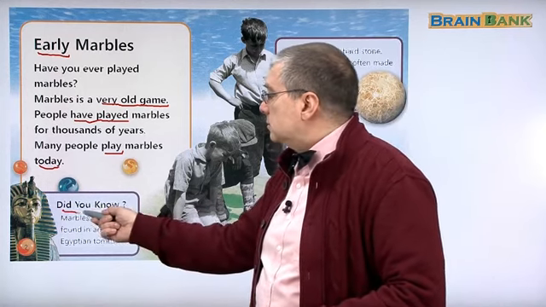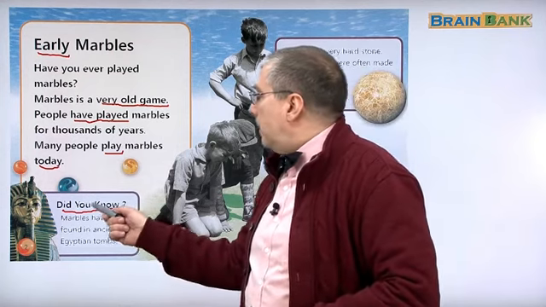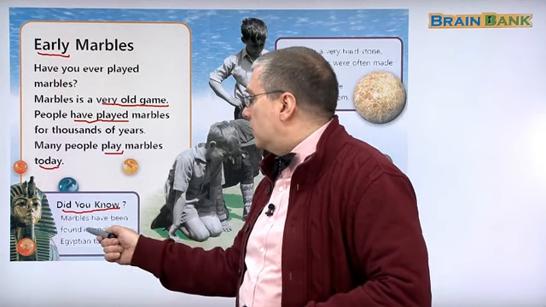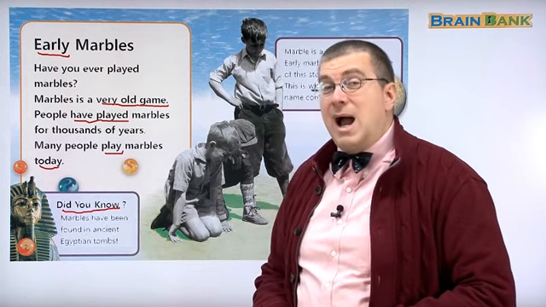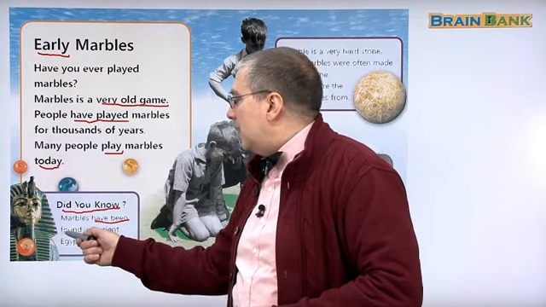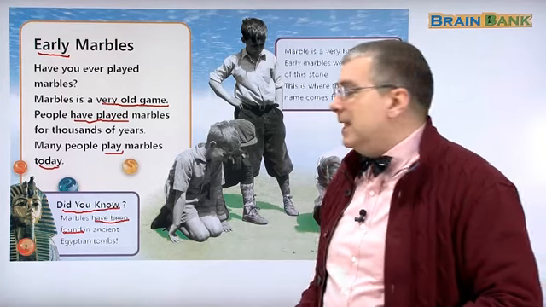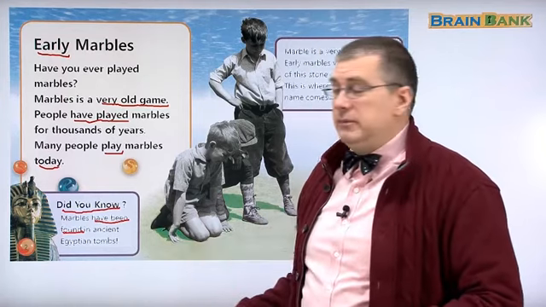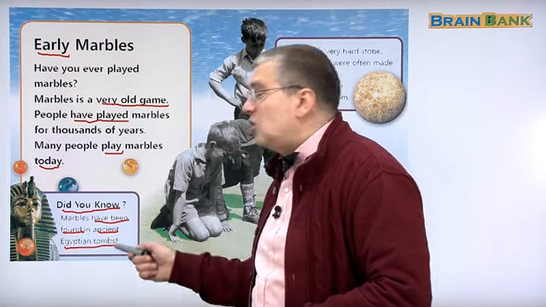Did you know? 재미있어 fact. Something interesting. Marbles have been found in ancient Egyptian tombs. Wow. Have been found, that means it happened a long time ago, or it happened before, and it happened a few times. Have been found in ancient Egyptian tombs.